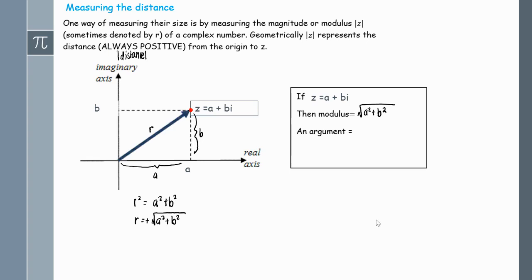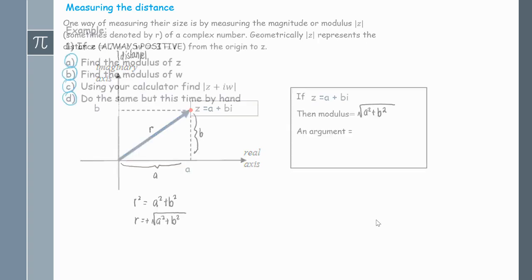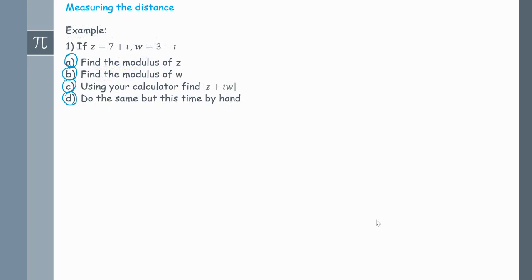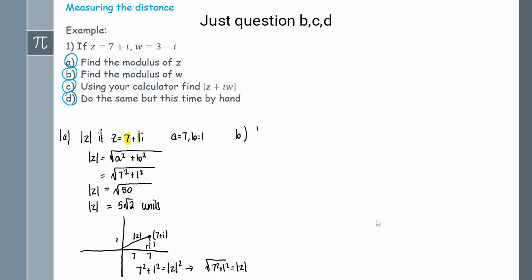Let's have a look at some examples of finding the modulus of a complex number. B. Find the modulus of w. We're going to do the same thing, but w is 3 minus i. So the modulus of w, denoted by the absolute value of w, equals the square root of a squared plus b squared. Now, my real part or my a is 3, my imaginary part is minus 1.